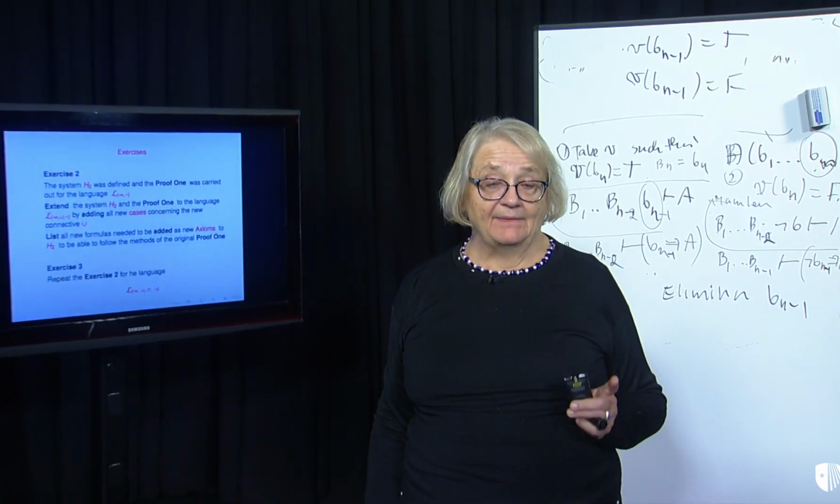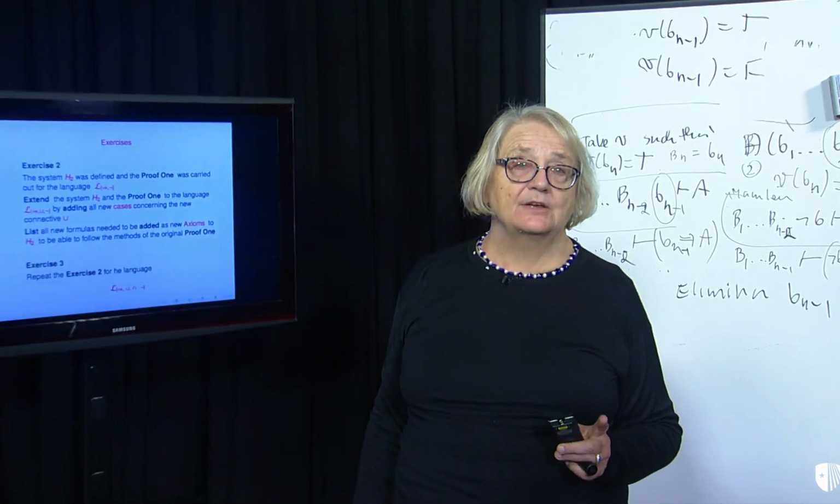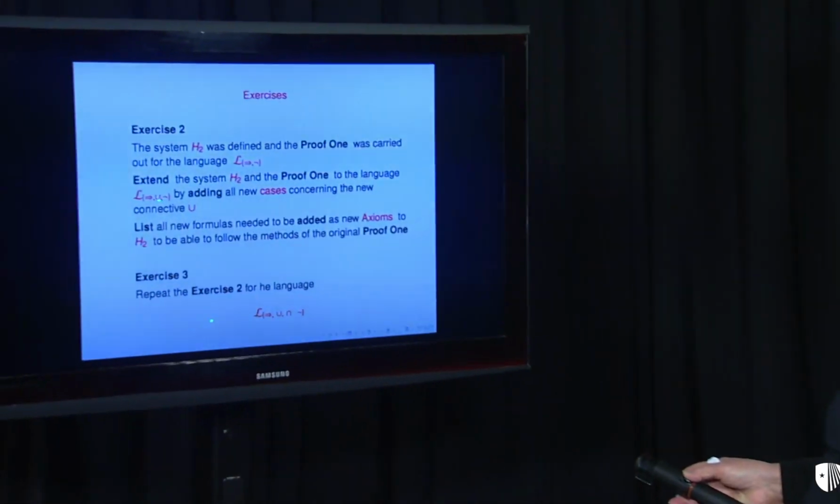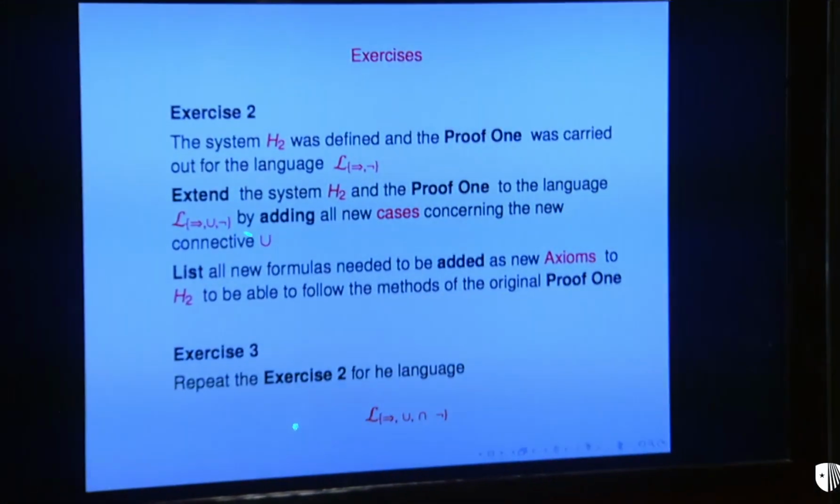And again, that is important, system H2 was obtained, and the proof was for the language only with negation and implication. We can now extend the language, we can extend system H2 to H3 to the language which, for example, contains disjunction.